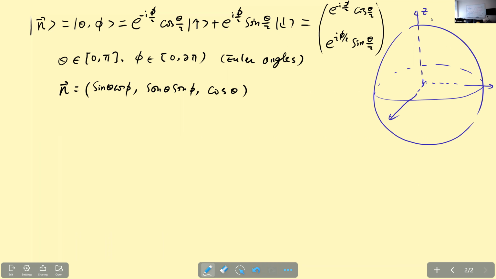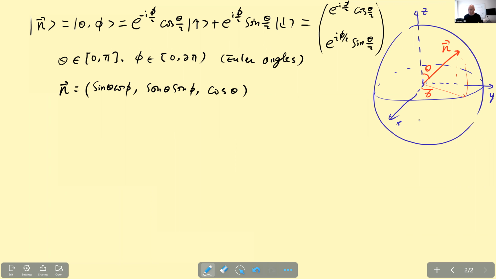So this is the z, x, and y directions. You can have a direction specified by these Euler angles, this is theta and this is phi, to denote the state.